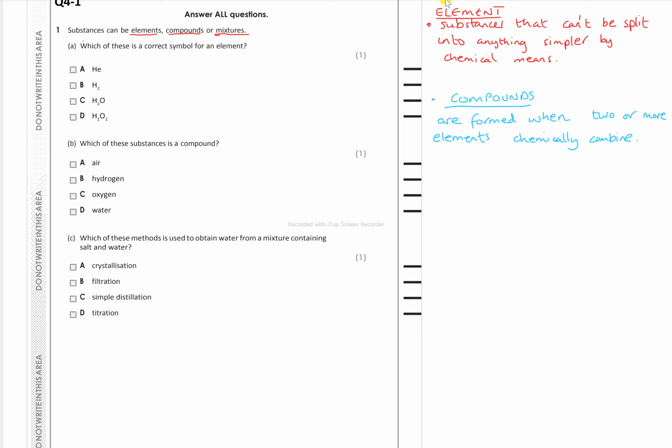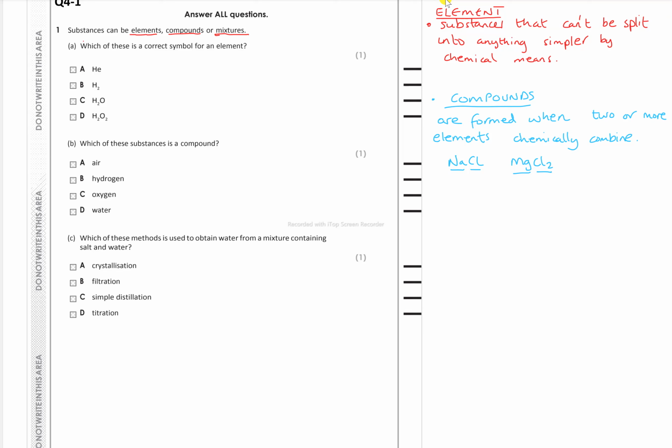Right? It's always in a fixed proportion. So, for example, you've got sodium chloride, you've got magnesium chloride. So, you've got one sodium, one chlorine, one magnesium, two chlorines, and so on.